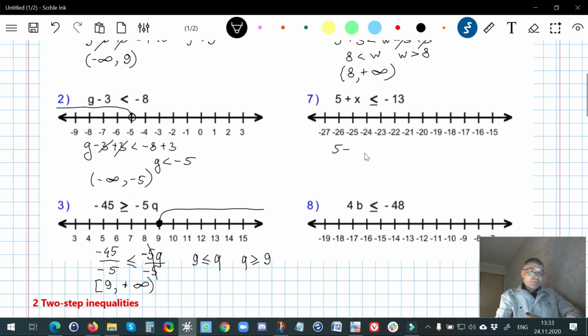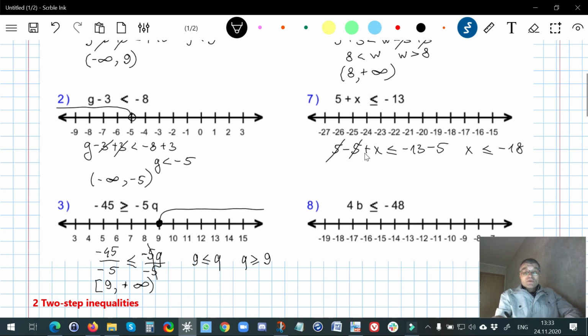So 5 minus 5 plus x is less than negative 13 minus 5. And here 5 cancels, we have x is less than negative 18.